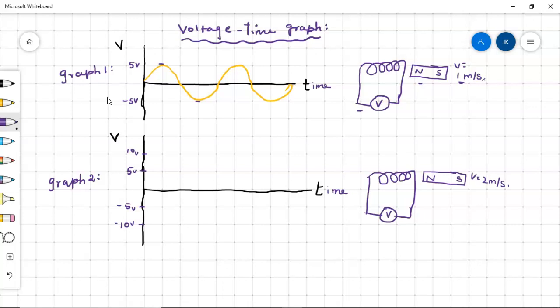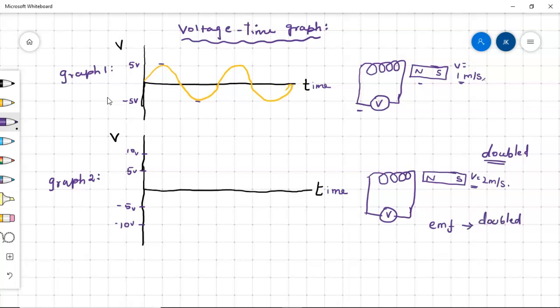We get the wave like this. Now we are going to draw the wave if the speed of the magnet movement is 2 meters per second, which is doubled. If speed is doubled, the magnitude of EMF is also doubled.